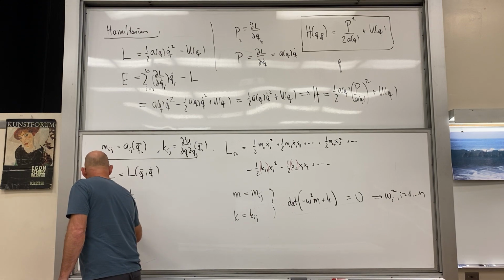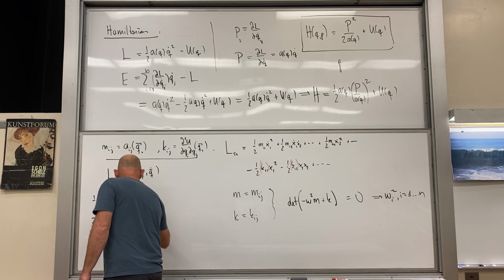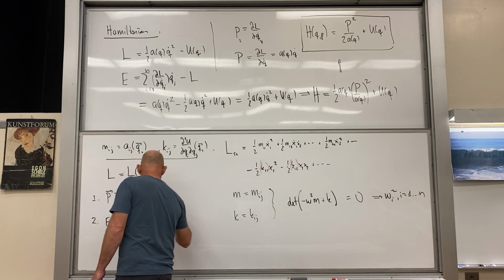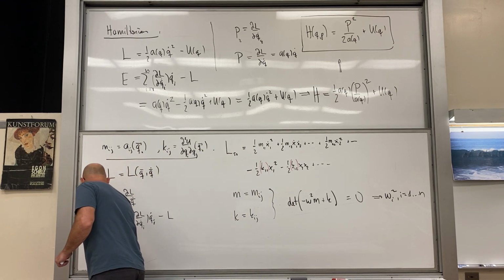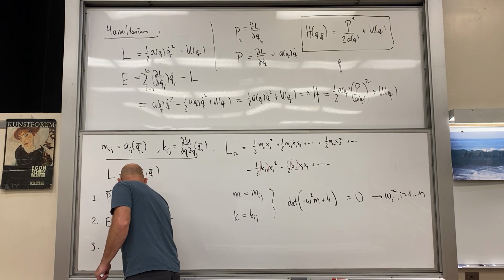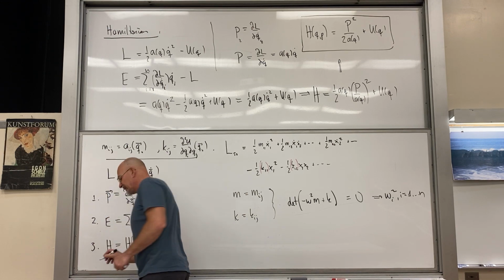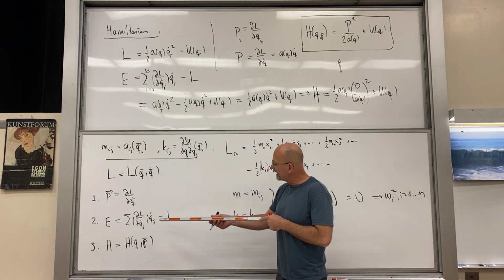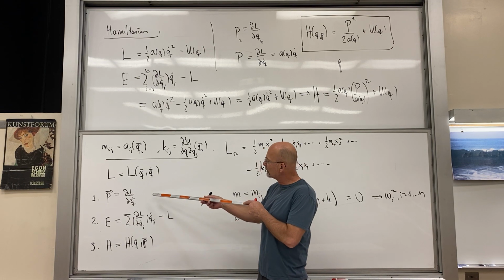And the second step, of course, I'll write it this time as energy, just as before, sum of dL/dQ dot i times Q dot i, minus L. And the third step is to eliminate any Q dots in the expression whatsoever, so that it's just in terms of P.